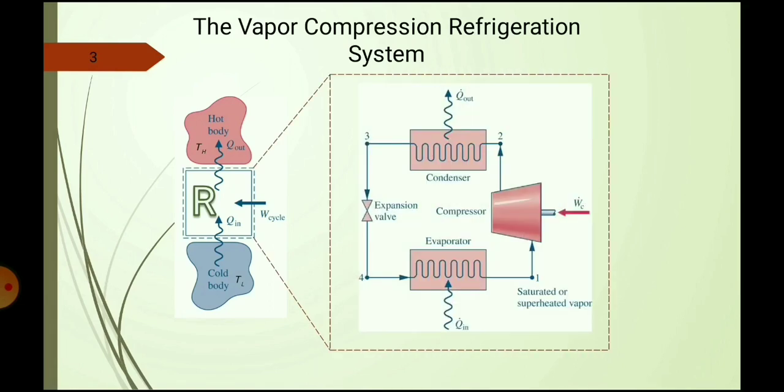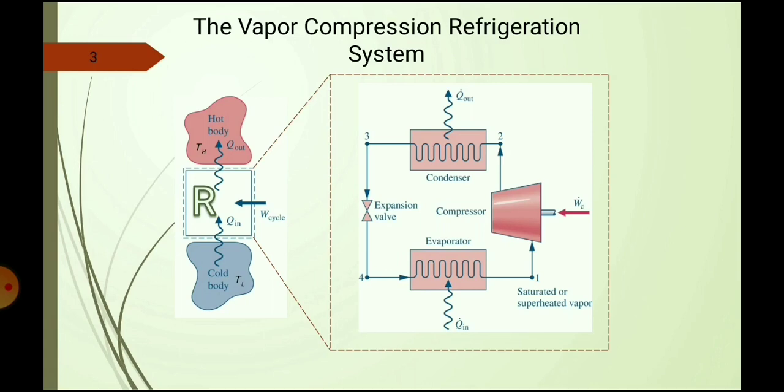Basically, we can say the vapor compression refrigeration system is an improved type of air refrigeration system. In vapor compression refrigeration system, we are using a working medium called refrigerant for the production of refrigeration effect.